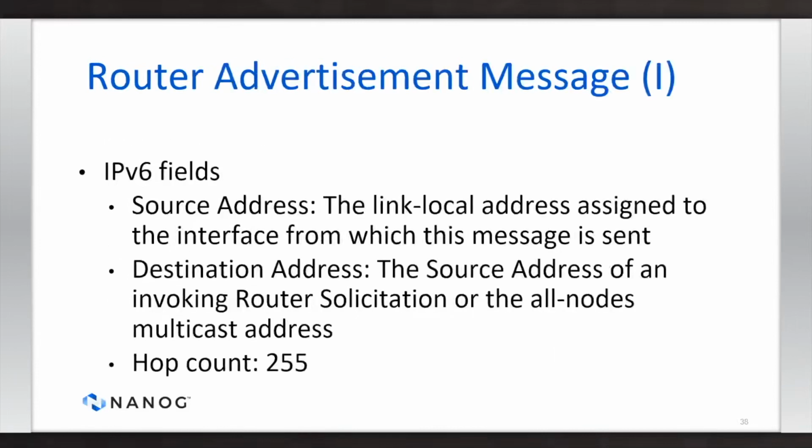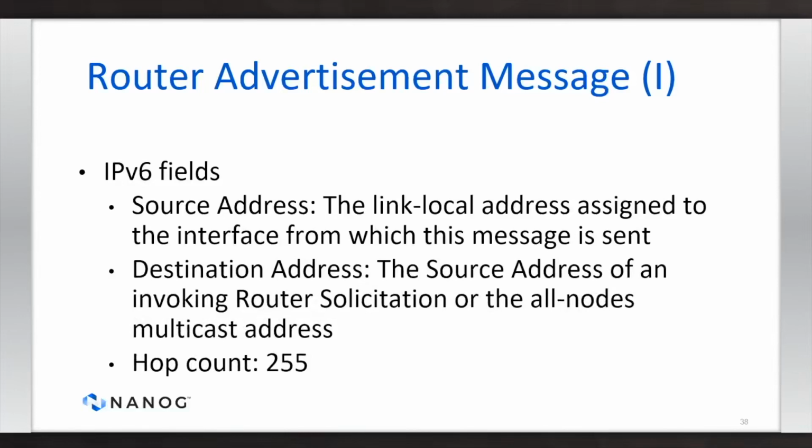It gets back a router advertisement message. And the router advertisement message, like the router solicitation, has IPv6 fields and ICMPv6 fields. The source address is the link local address assigned to the interface from which the message is sent. So the router has a link local, it sends the message and says, this is my source.